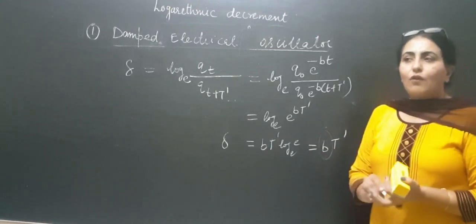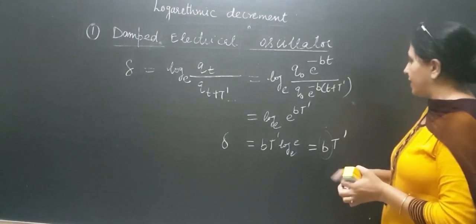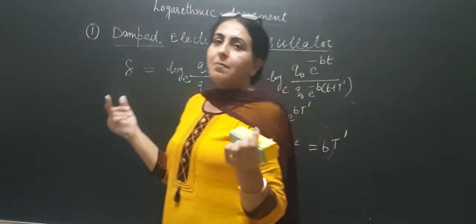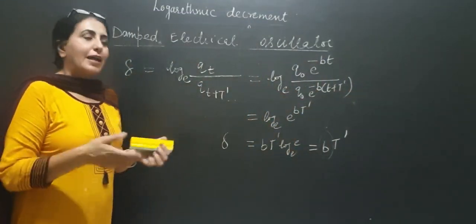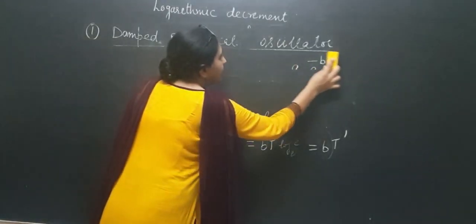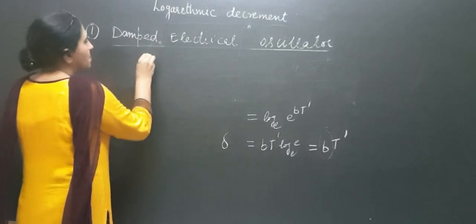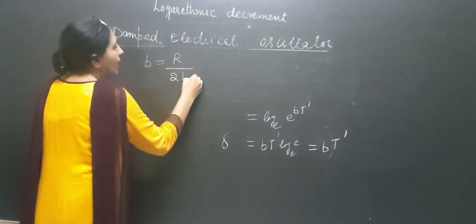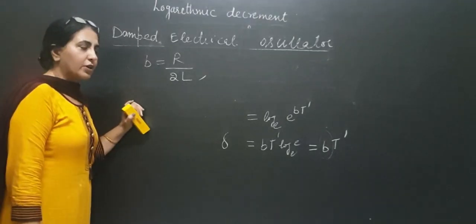So in the case of a damped electrical oscillator, what's the value of b? B is the damping constant, and its value is b equal to capital R by 2L. So b is equal to R by 2L in the case of an electrical oscillator.